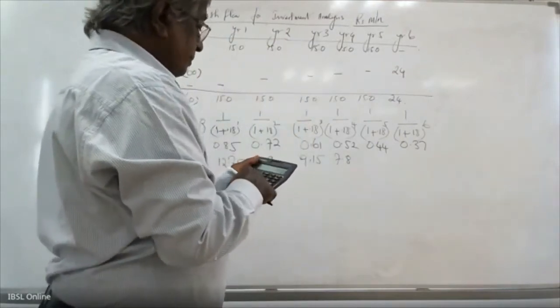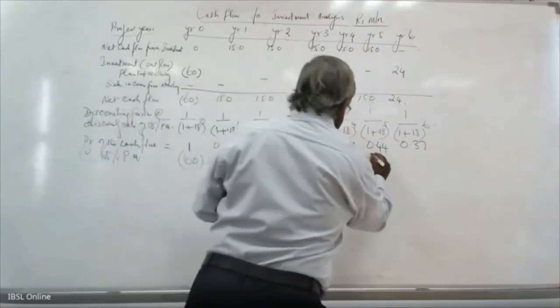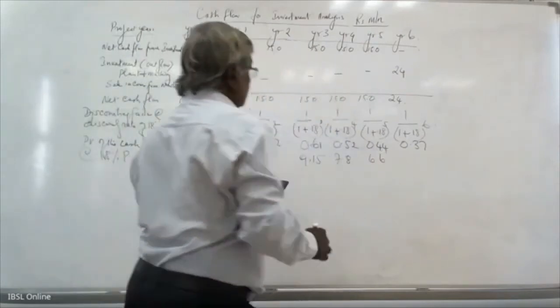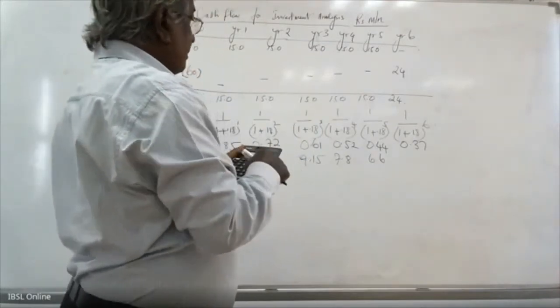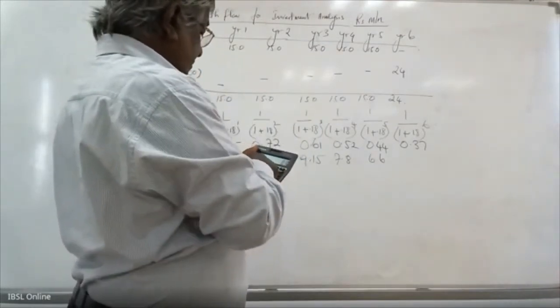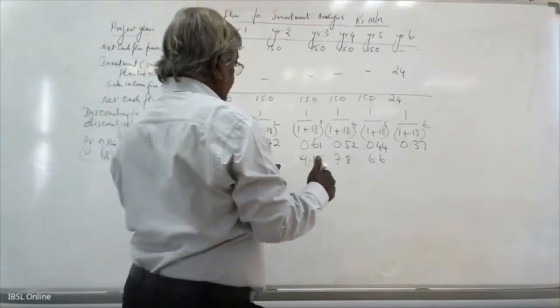Now 0.44, 6.6. Now 24 multiplied by 0.37, 8.88.